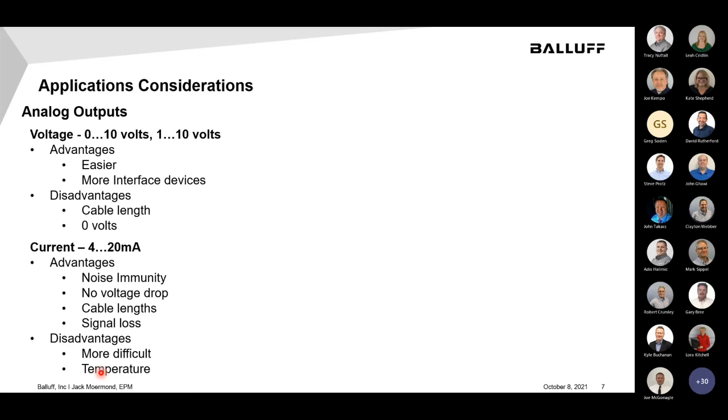The advantage of an analog output that's voltage is it's easier. Basically, you take your wires, hook them up to your input device. Could be an analog input card. It could be a controller of some sort, but it's relatively easy. And there's just a lot more interface devices out there for voltage type outputs.